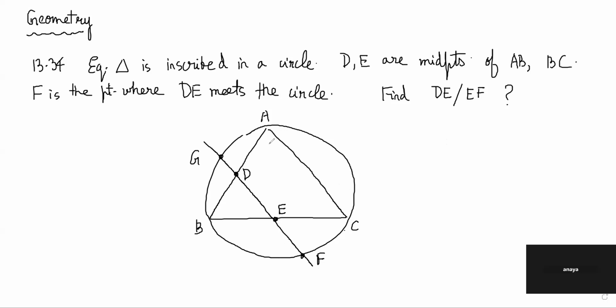First of all, it's an equilateral triangle. So this point E, which is the midpoint, if you join A to E, the line AE is not just the median, it is also the perpendicular bisector.